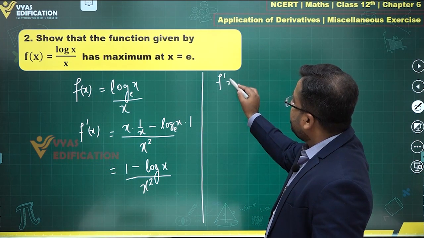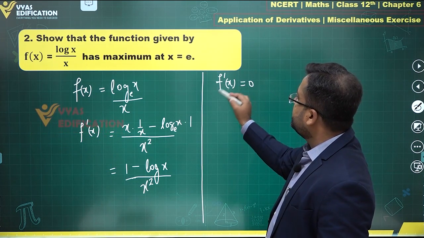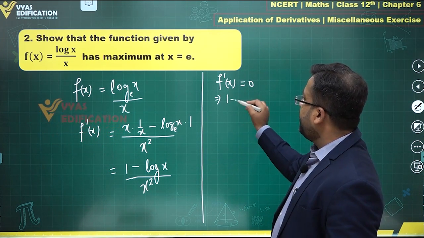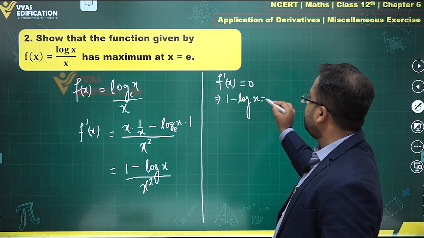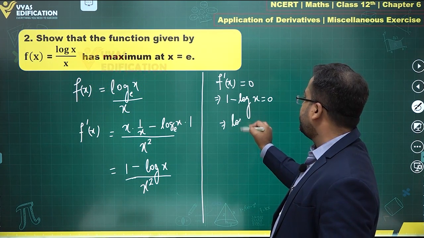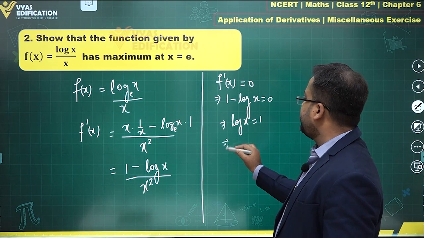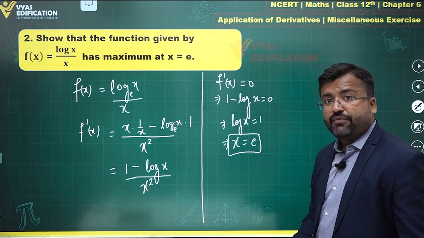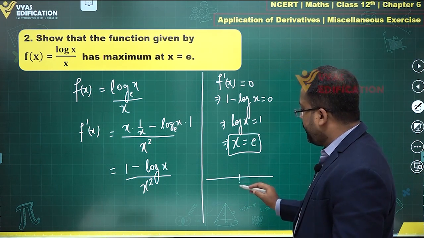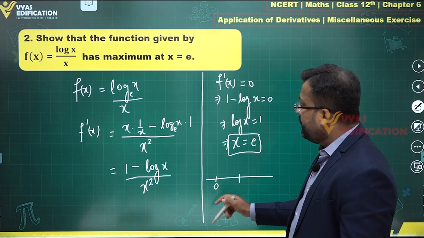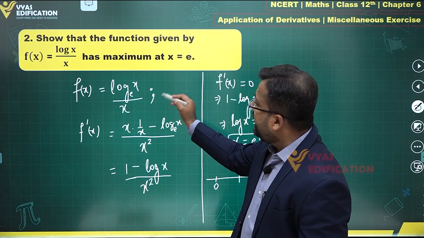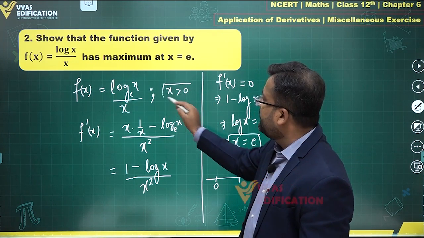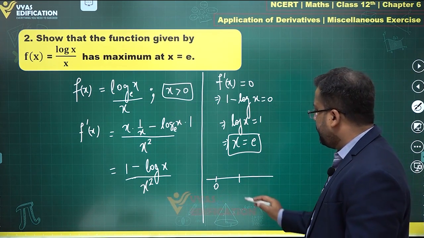F prime x equals 0 tells me that 1 minus log x equals 0, which tells me log x is equal to 1 or x is equal to e power 1, which is e. This is the critical point, right? And once you find this critical point, there's another one which is 0. But to define this log x, you can see that x will have to be greater than 0, right? We're not supposed to worry about that too much.